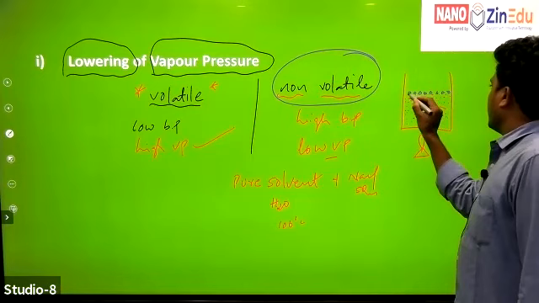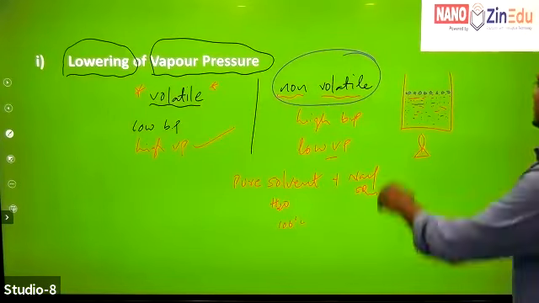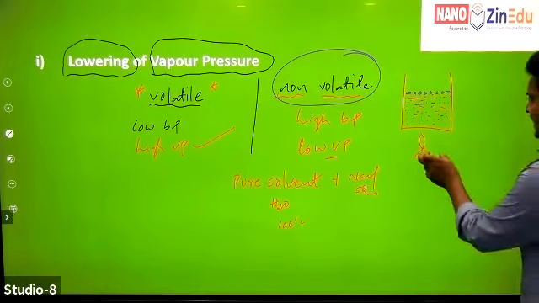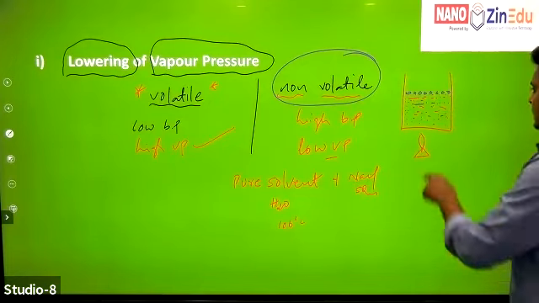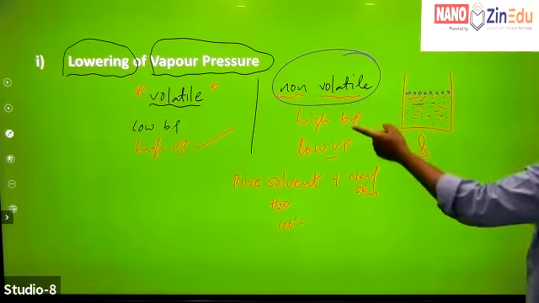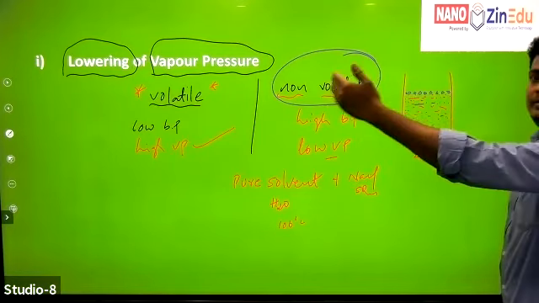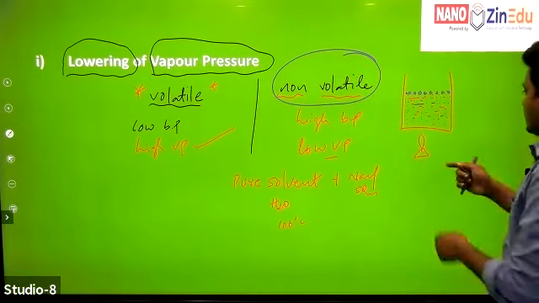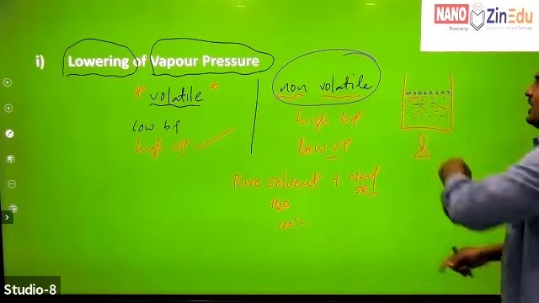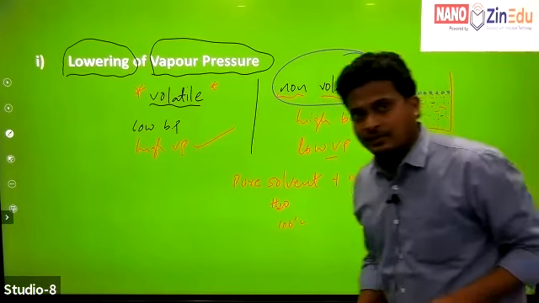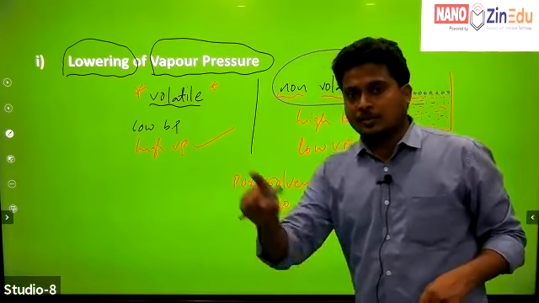See, non-volatile solute particles occupy the surface of the pure solvent. So if you are heating, before adding solute, the number of solvent molecules which can be converted into vapor state is more. Now, after addition of non-volatile solute to the pure solvent, the solute particles occupy the surface of the pure solvent.